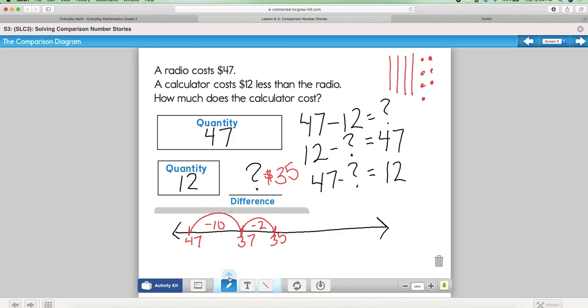I could say, let me take away 1 long, pretend that one's not there, and 2 cubes, because 12 is 1 long and 2 cubes. And then I can count what I have left. 10, 20, 30. Derek, I hope you're paying attention. 31, 32, 33, 34, 35. My difference is $35. All right.